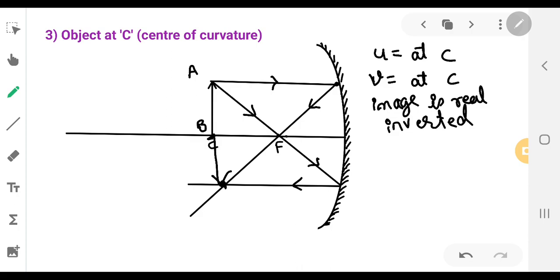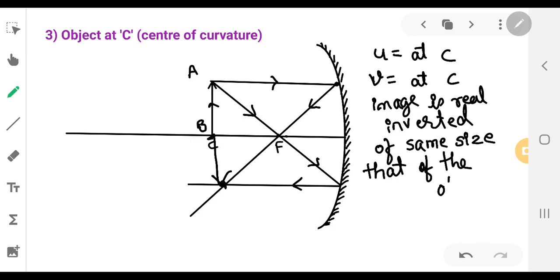And look at the size of the image. It is the same as that of the object. So you can say the image is of the same size as that of the object.